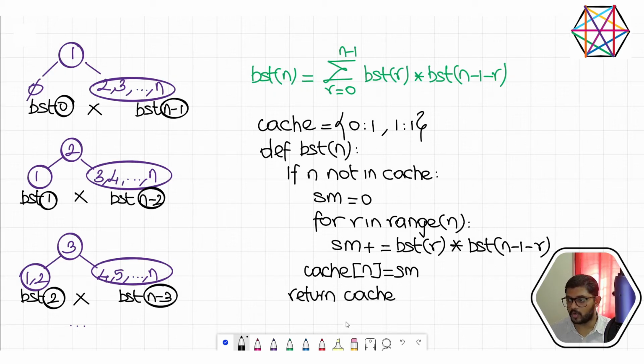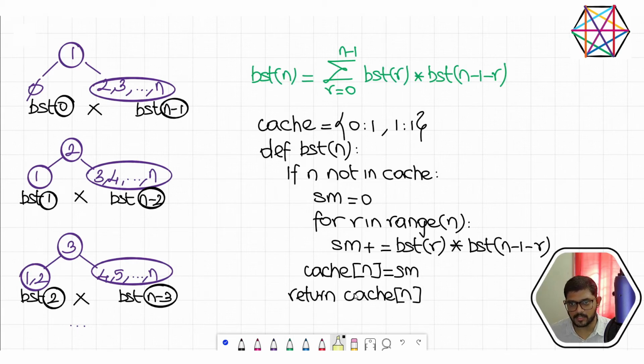So before throwing out the output, make sure that the output is stored in that particular dictionary. For this particular input, the output is this number. Let's store it, then return the value, so that in future calls for the same input, we can just get the answer.